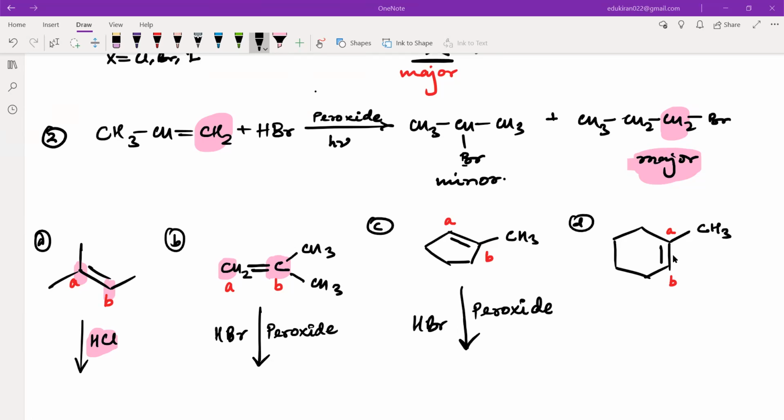Very good. चलिए आखिरी. Tell me A or B. Okay. दो के आंसर आए हैं अभी तक.